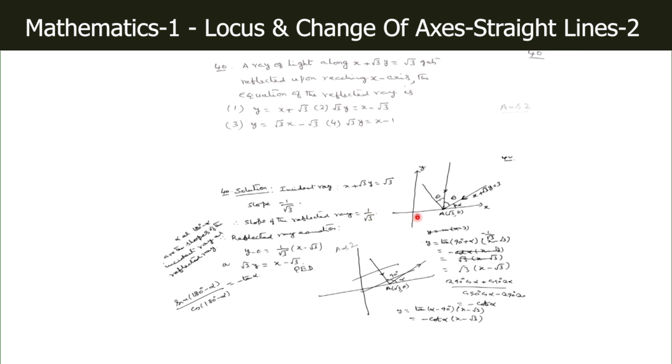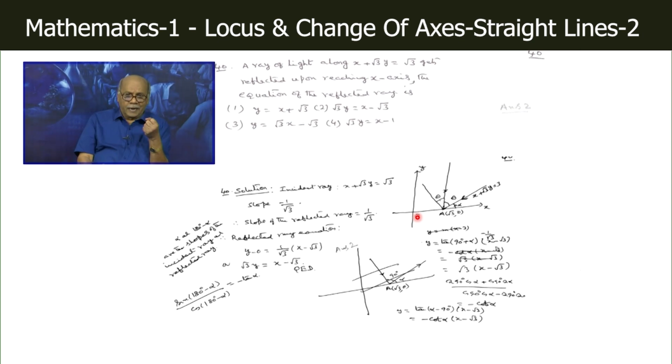Because when the slope of an incident ray is m, the slope of the reflected ray is minus m. The slopes of the incident and reflected rays simply differ by sign. So because the slope of the incident ray is minus 1 by root 3, the slope of the reflected ray must be 1 by root 3.